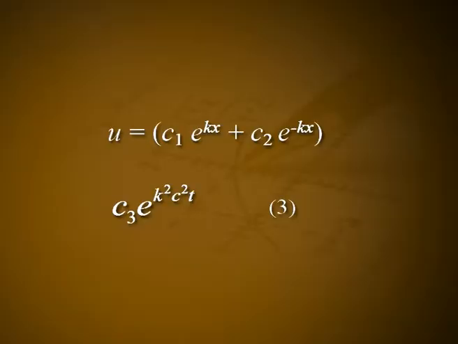Therefore, the general solution is u = (c1 e^(kx) + c2 e^(−kx)) c3 e^(k² c² t). Let it be equation number 3.